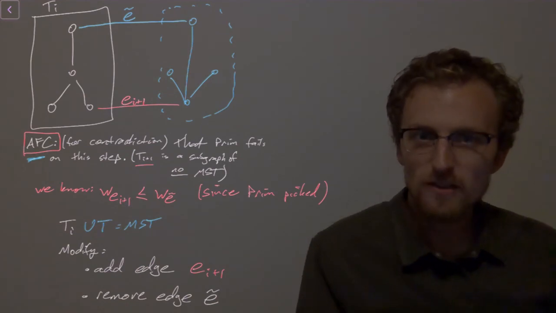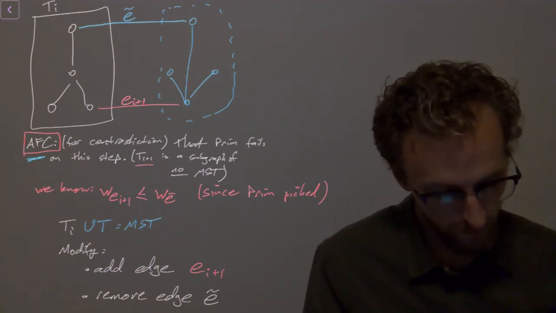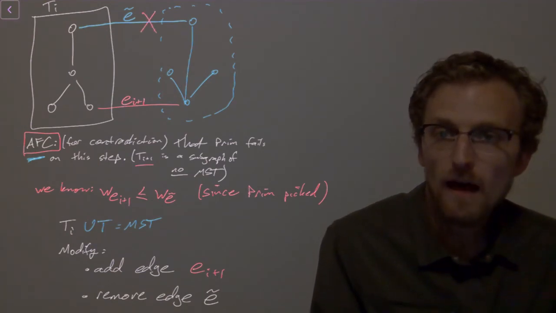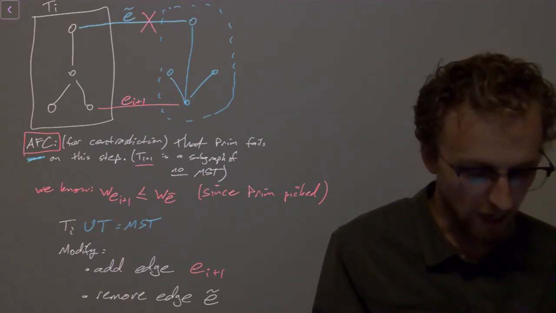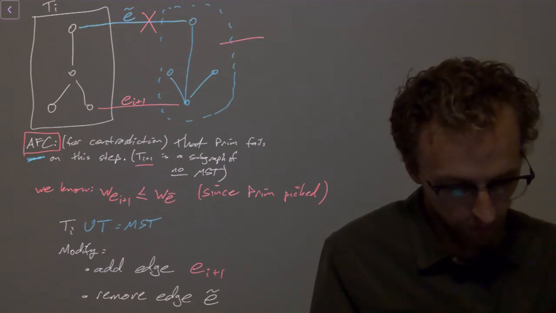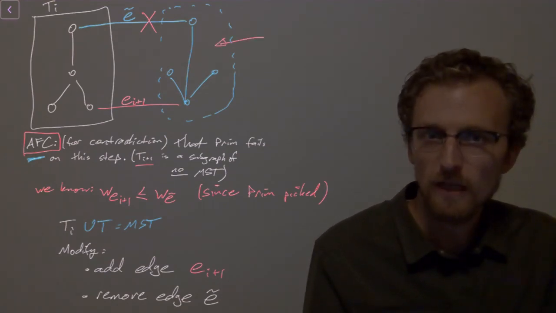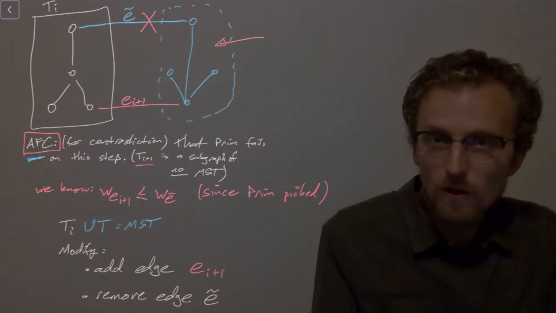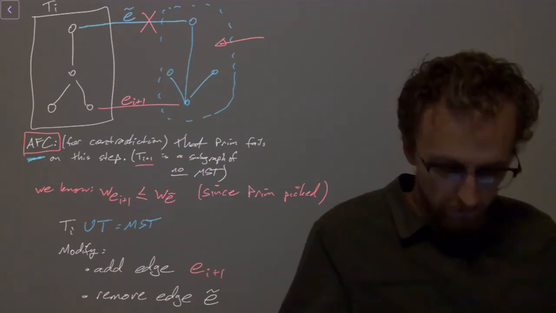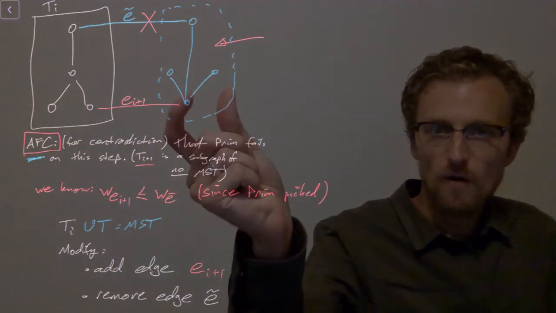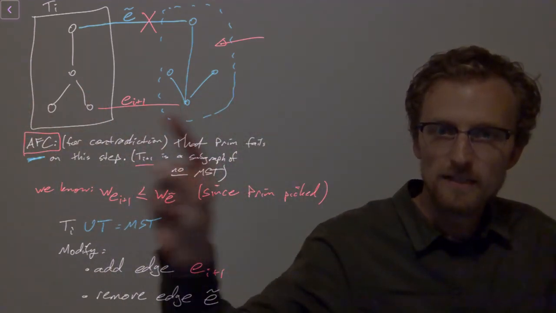Well, this generates another spanning tree. If I go up to this tree up here and get rid of that one and just have this E I plus 1, we know that everything in here is still connected, because it's part of a spanning tree to begin with. So what's left over here is a spanning tree. We have a tree on the left, a tree on the right, and we have them connected by a single edge.